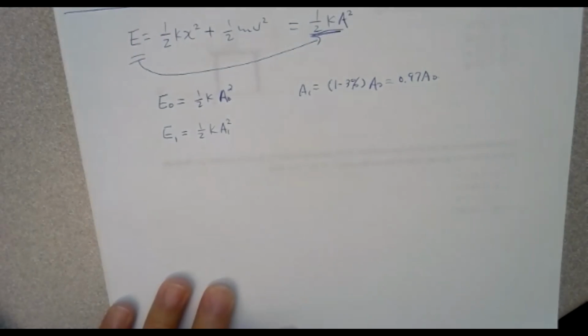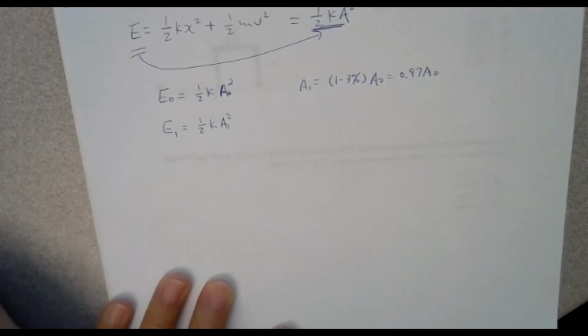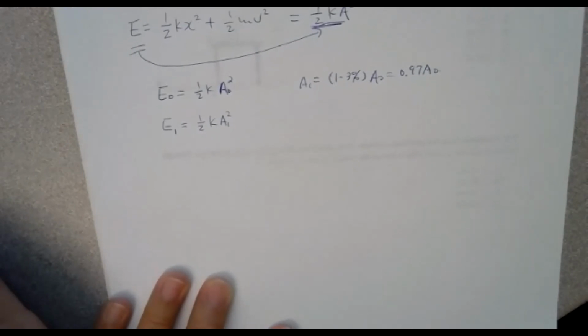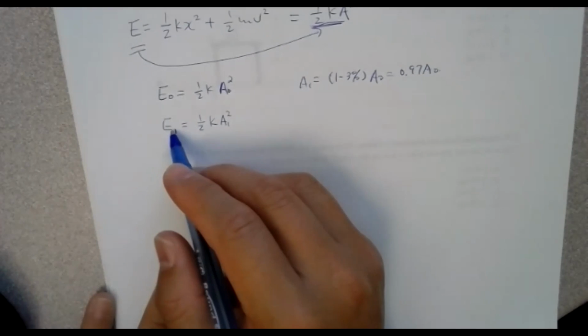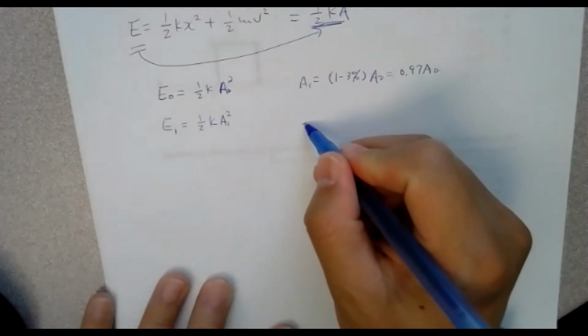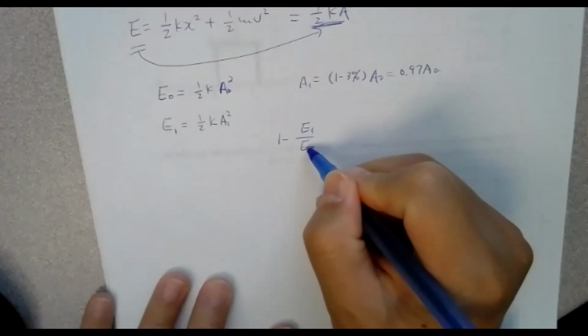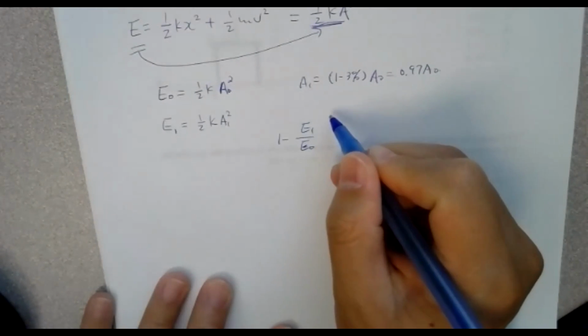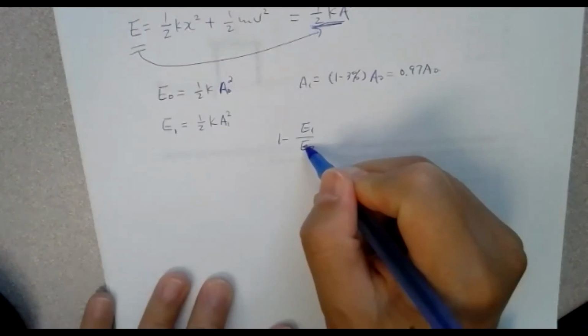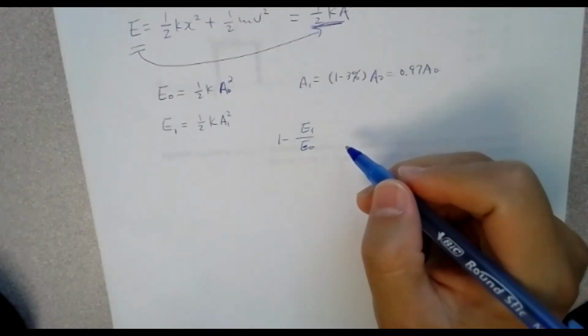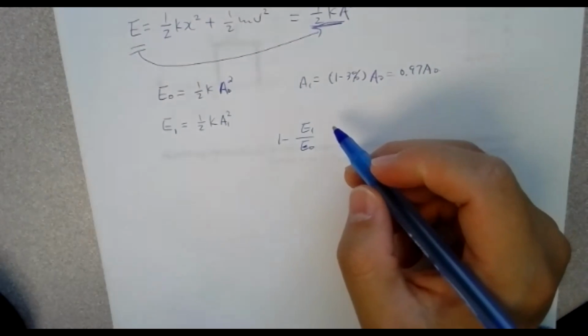So it's asking how much percent decrease there will be in the energy. We have to see what E1 is in terms of the initial energy. So we want E1 over E0, then do 1 minus that, and express it as a percentage. That will be the loss of energy in percentage.